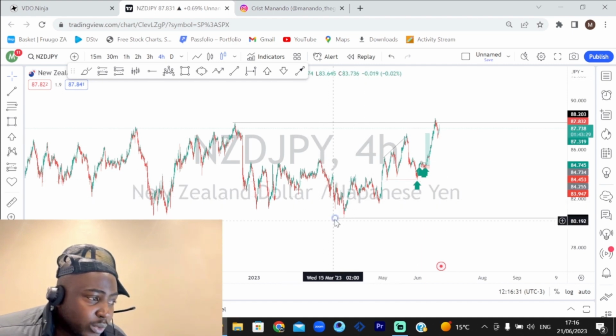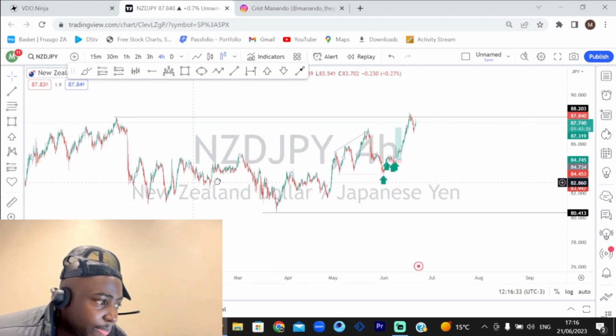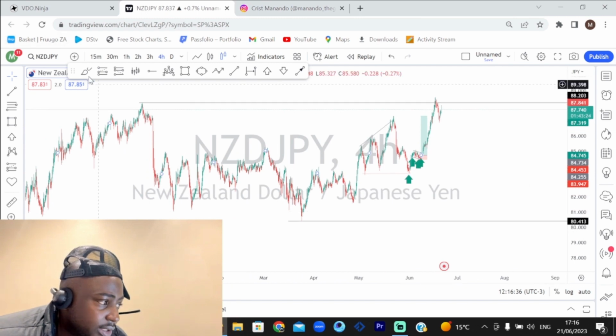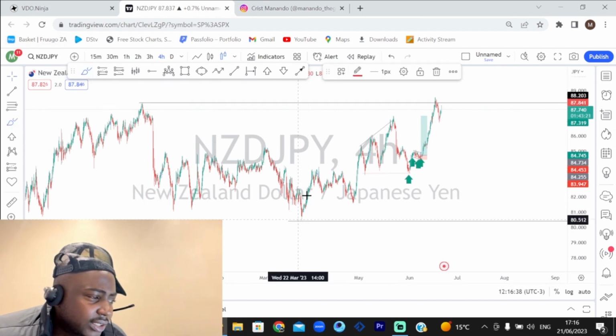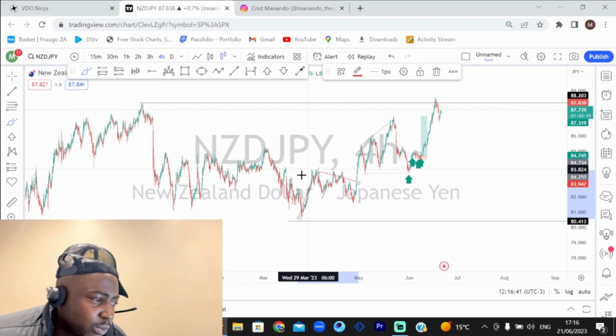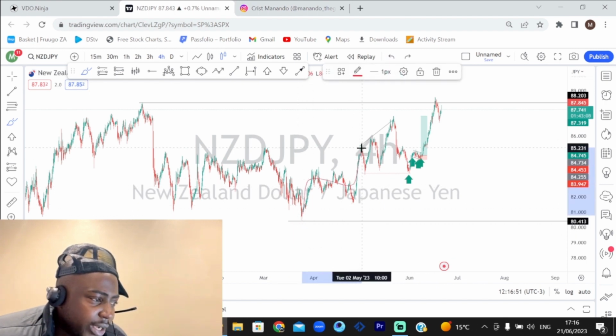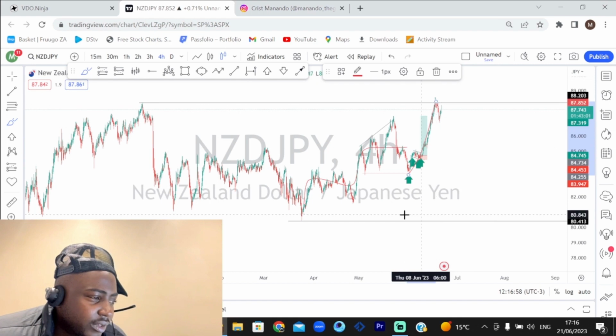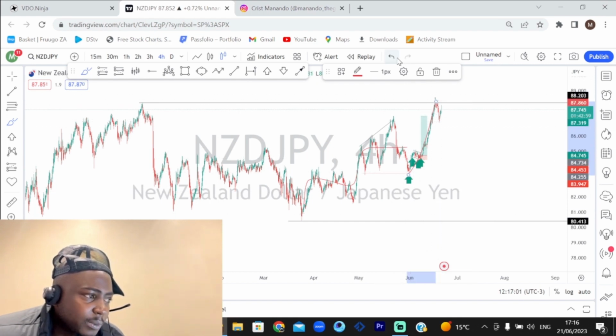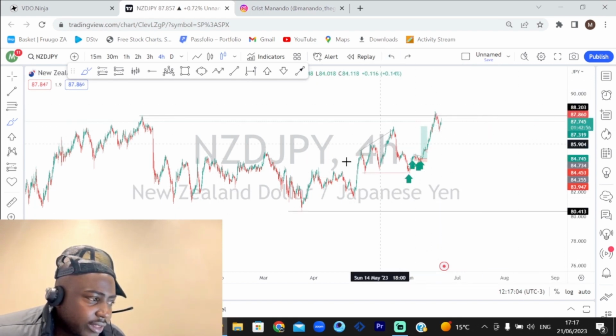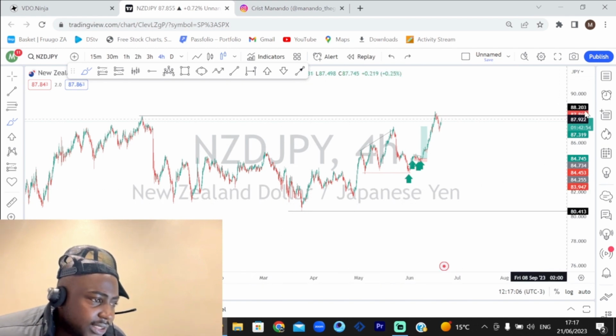From the lowest low we had this impulse correction where we could have also capitalized, but we were not looking at the market at that point, followed by an impulse, and this is the correction that we looked at and capitalized from, and now we have a nice impulse to the upside. So that is it with New Zealand dollar against the Japanese yen.